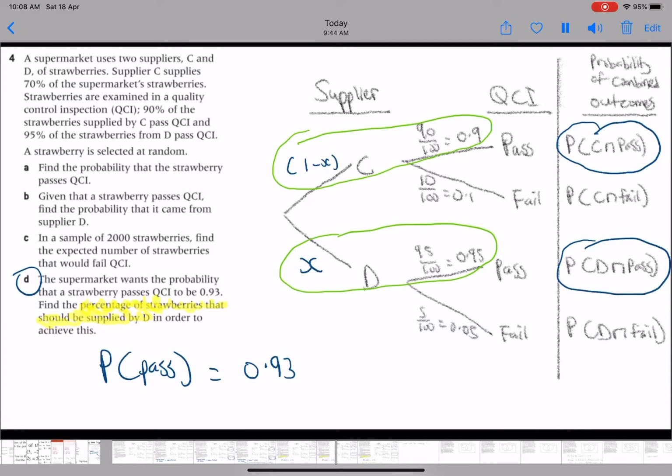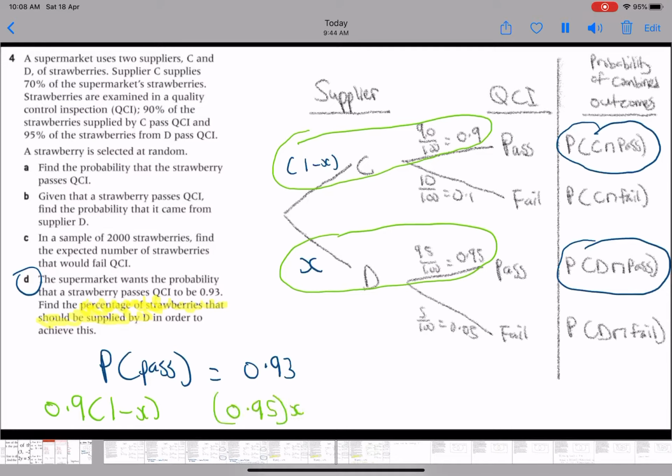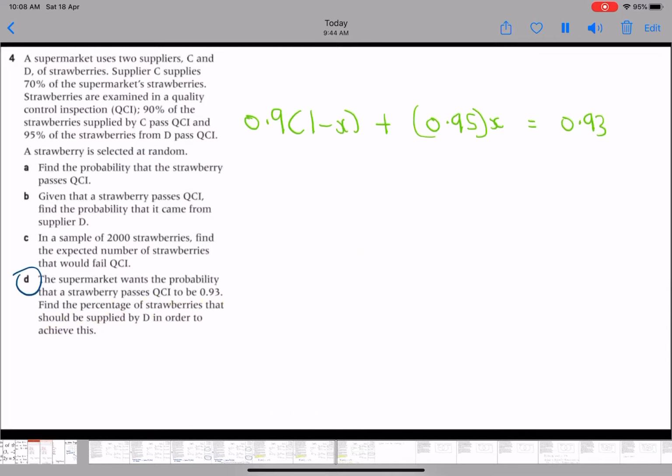So what do I do to them? For each green circle, I times them. So the first one is 0.9 times 1 minus X. The next circle is 0.95 times X. So I add them, and that should give me 0.93. Even though this is probability, when there is an opportunity to use algebra, use it.